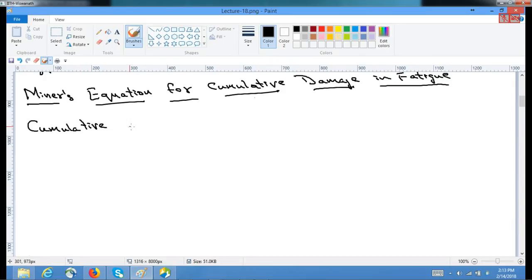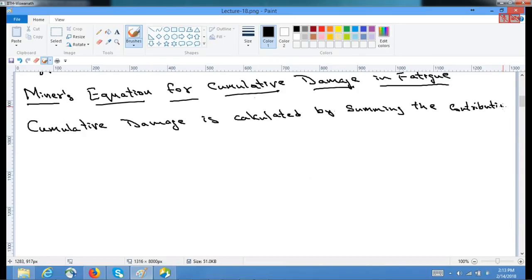Cumulative damage is calculated by summing the contribution from each work cycle using Miner's equation.